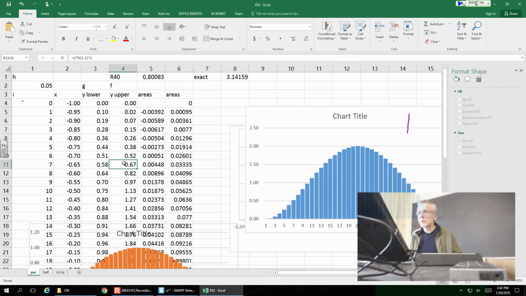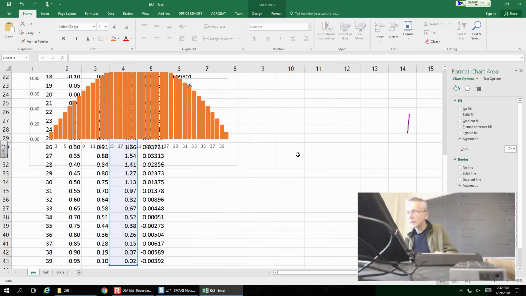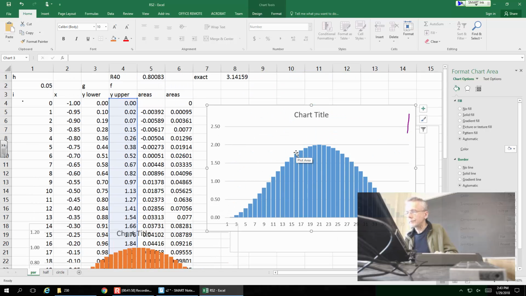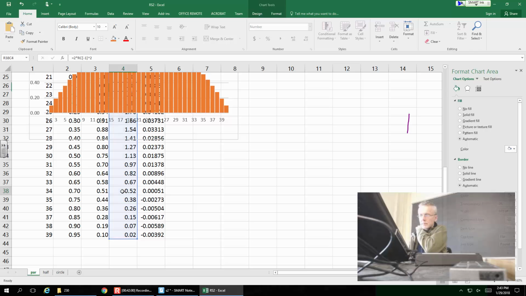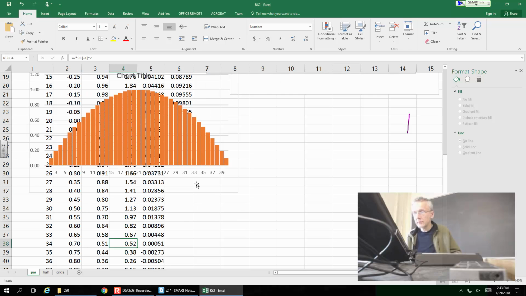This definitely is a parabola. It doesn't look like a parabola. You see how it flattens out at the sides? That's not right.